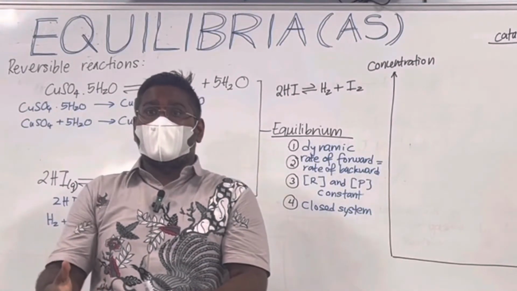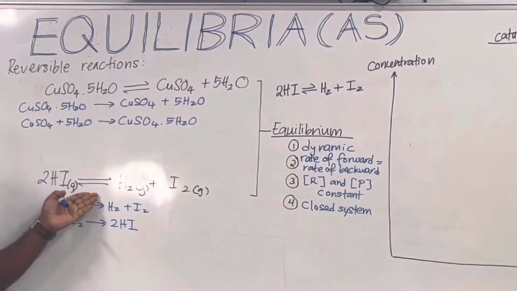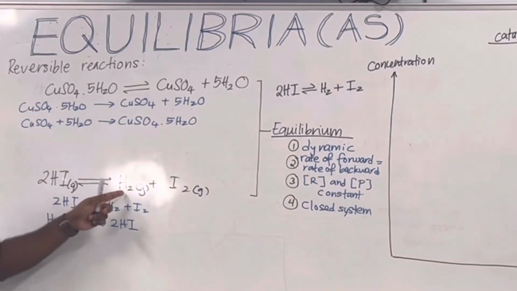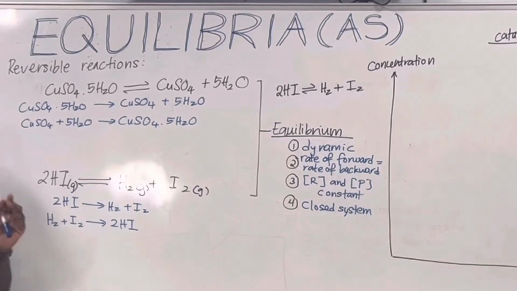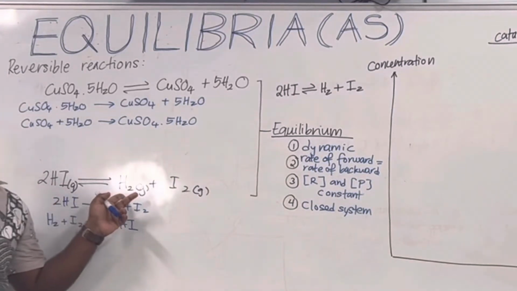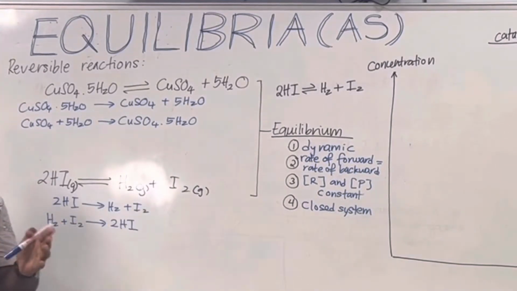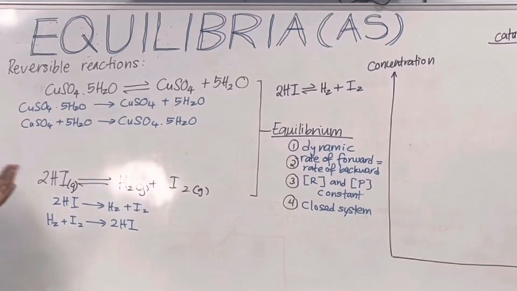For example, you put the HI, let it react, give you H2 and I2, and H2 and I2 change back into HI, they reach equilibrium. You do not remove the H2, you do not remove the I2, or even add anything over there. Nothing goes out, nothing goes in. Then they will be in a dynamic equilibrium.